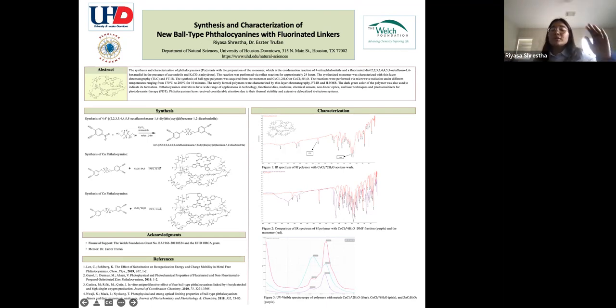We see a lot of colorless stuff moving up, and some of the monomer that had not reacted also moves up. We extract only the dark green compound because we know that's the only phthalocyanine that we get, and that's how we keep on purifying the phthalocyanines.